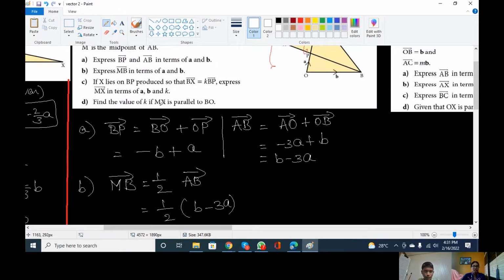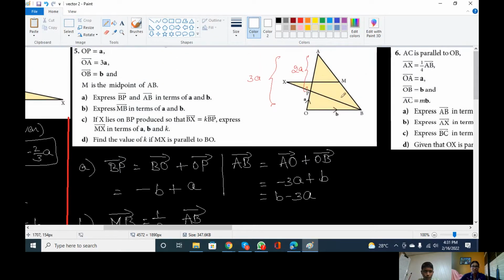Next, D. Find the value of K if MX is parallel to BO. MX is parallel to BO. Find the value of K. So MX is parallel to BO means both have some constant, meaning MX is not exactly equal to BO.